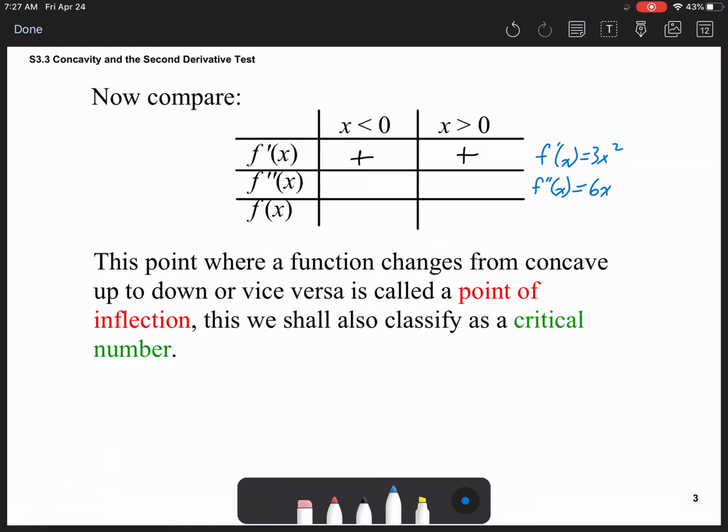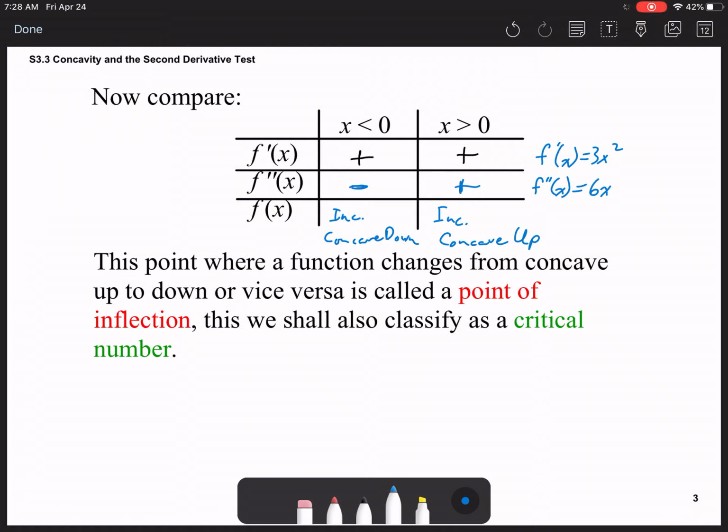However, if you put negative values in the second derivative, it's going to be negative. And if you put positive values in for x into the second derivative, it turns out to be positive. So it tells you that this function is increasing in both locations, but beforehand it's concave down. You've got to find a faster way to write this. And afterwards is concave up. We'll talk about how to write this a little quicker later.